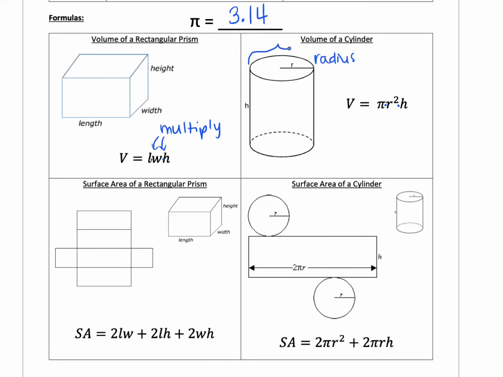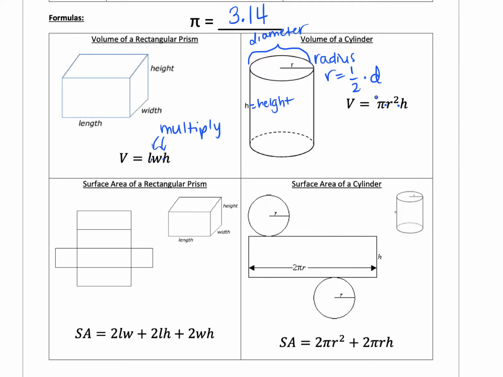The entire distance across a circle is called the diameter. So to find the radius, you just have to take half of the diameter. So if they give you the whole diameter for this problem, then you would have to divide it into two pieces to figure out what the radius is before you can use this formula. H here just means height, so how tall it is, just like the H in the rectangular prism. So not too hard to transfer between the two shapes there.